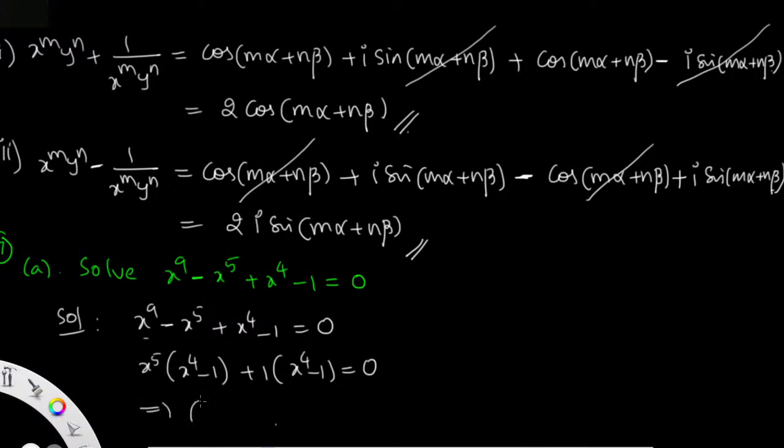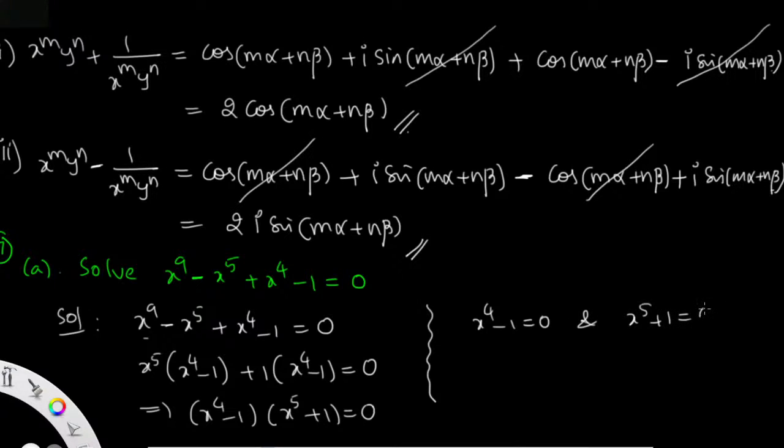So taking common as x power 4 minus 1, general factorization, x power 5 plus 1 equal to 0. Therefore we get x power 4 minus 1 equal to 0, and another one is x power 5 plus 1 equal to 0. So write as x power 4 equal to 1. It is also x power 5 equal to minus 1.